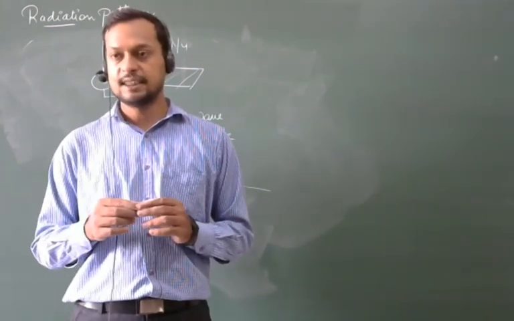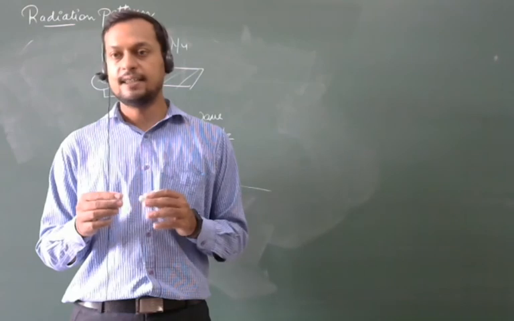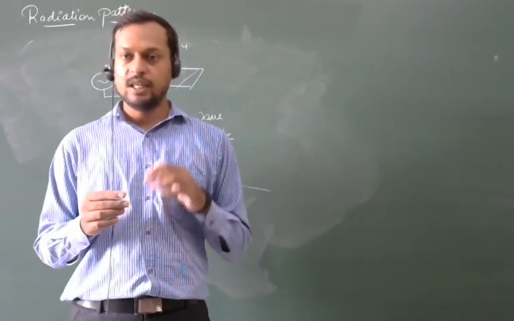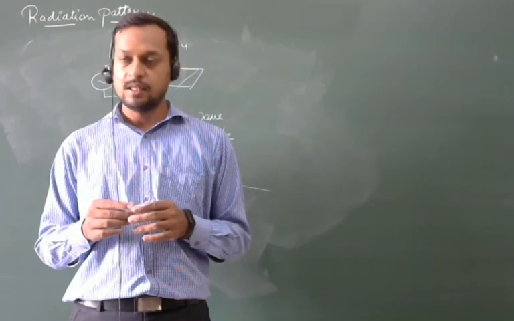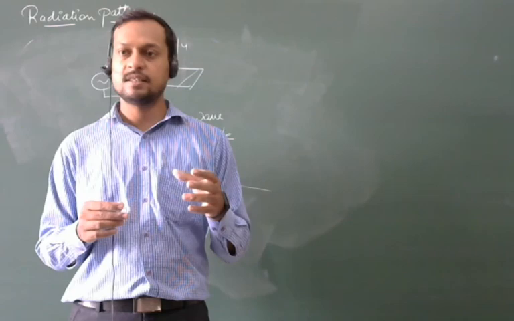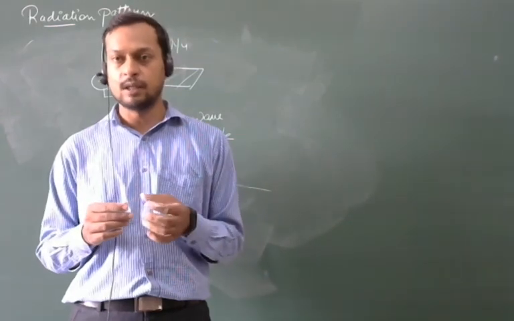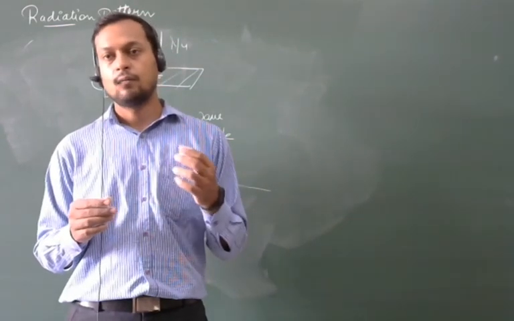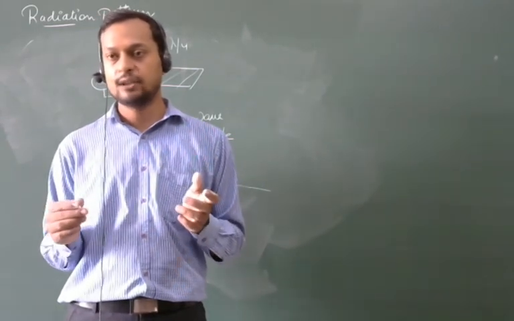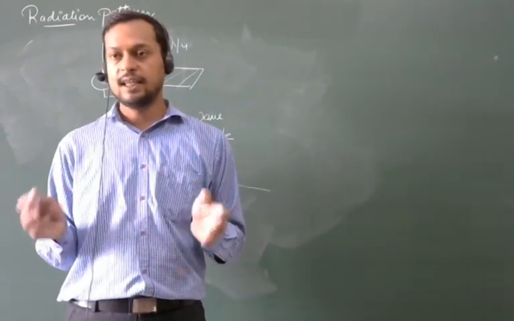So all these things depend on the antenna radiation pattern. Where the null lies, where the radiation is maximum, where the radiation is half of its power, what will be the back lobe, what should be the front to back ratio, what is the gain.